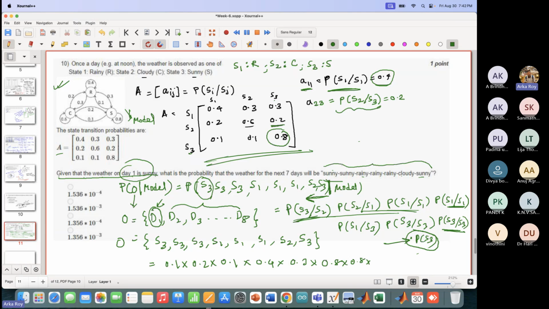In the question they have written, given that the weather on day 1 is sunny. That means they are definitively saying that on day 1 the day is sunny itself, so the probability is maximum. And what is the maximum value of probability? Probability ranges from 0 to 1, and because they are definitively saying so, this is 100% that the day is sunny itself.